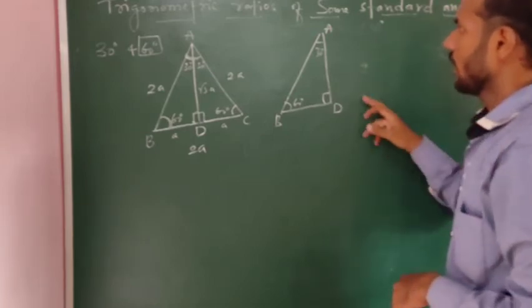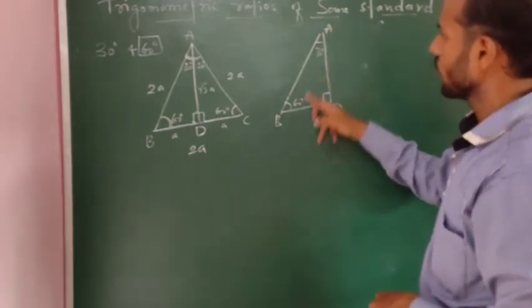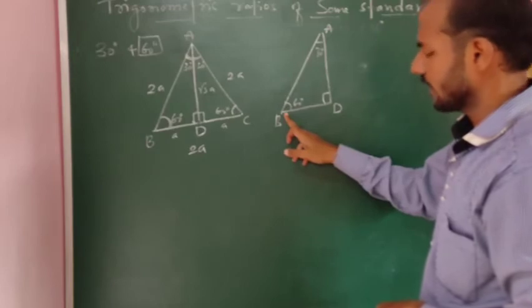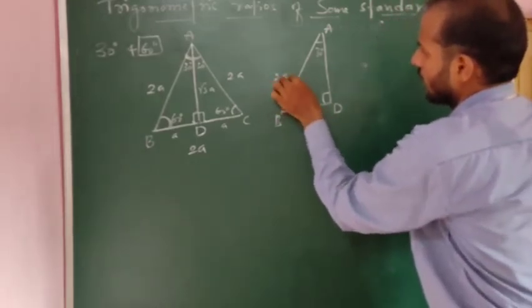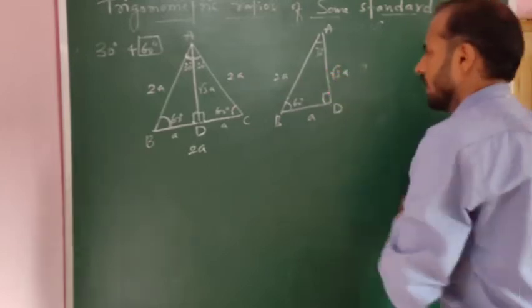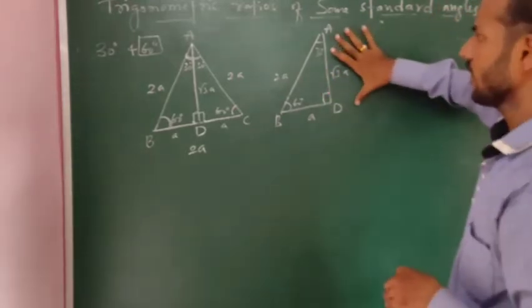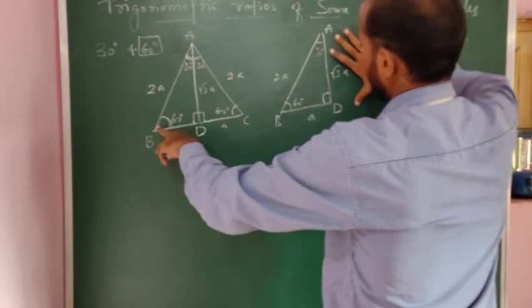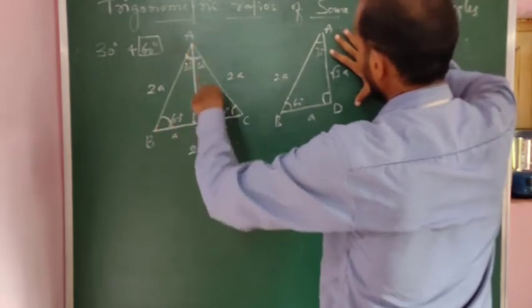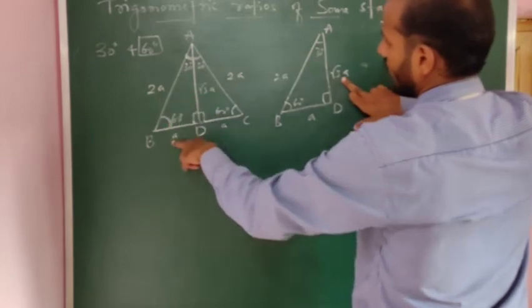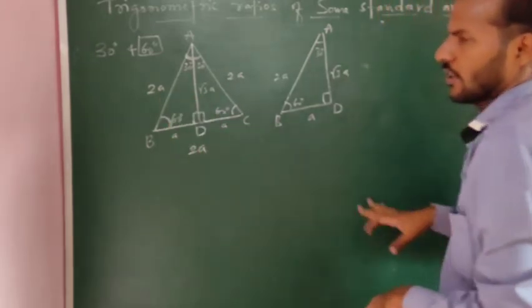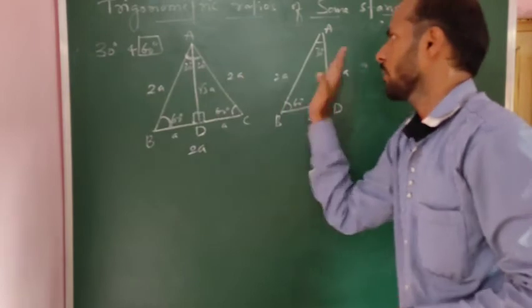Now the sides: this is A, this is 2A, this is root 3A, right? When the angle is 60 degree, AD is root 3A, AB is 2A, and BD is A. We have taken this portion separately here, right?